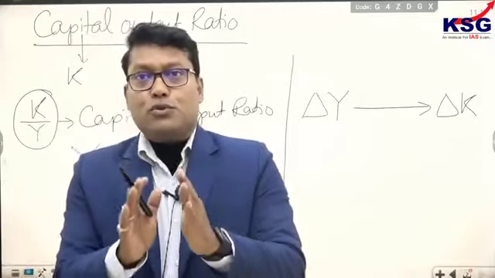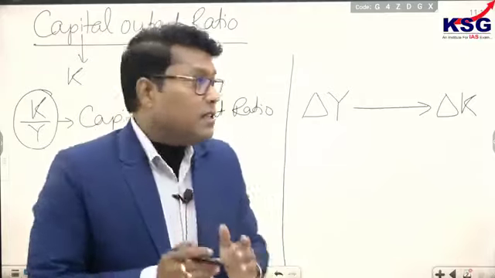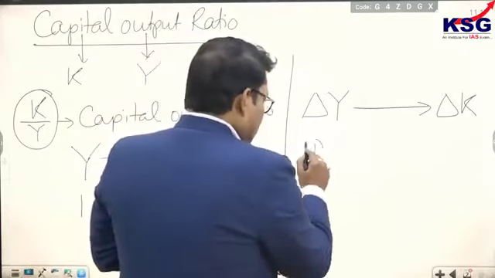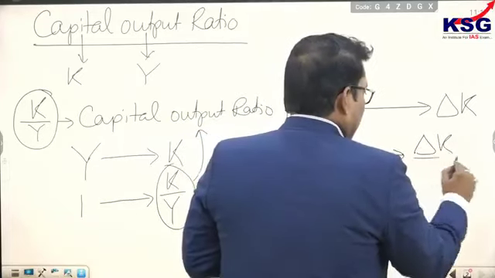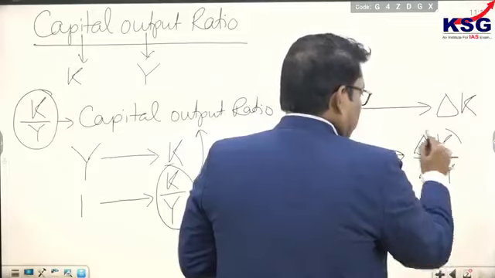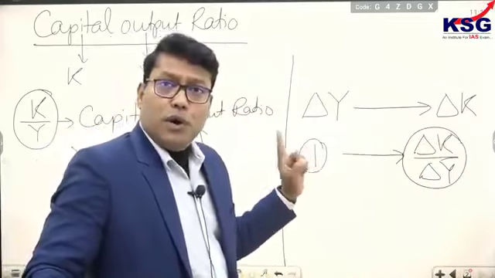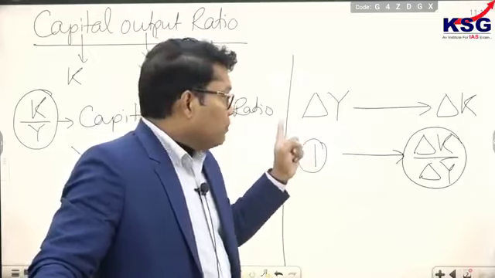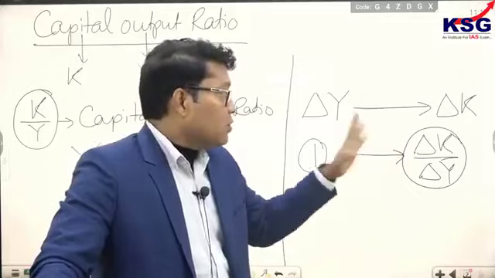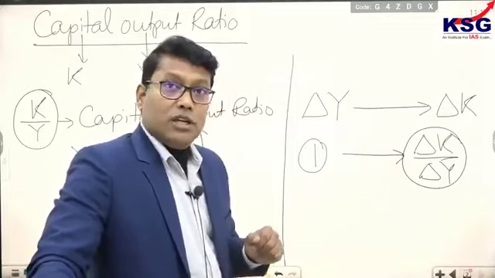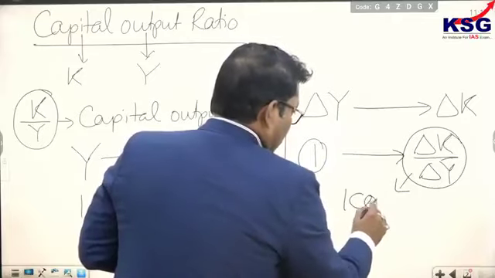If you want to produce one additional unit of output, how much additional capital do you need? That is delta K upon delta Y. It is known as ICOR.